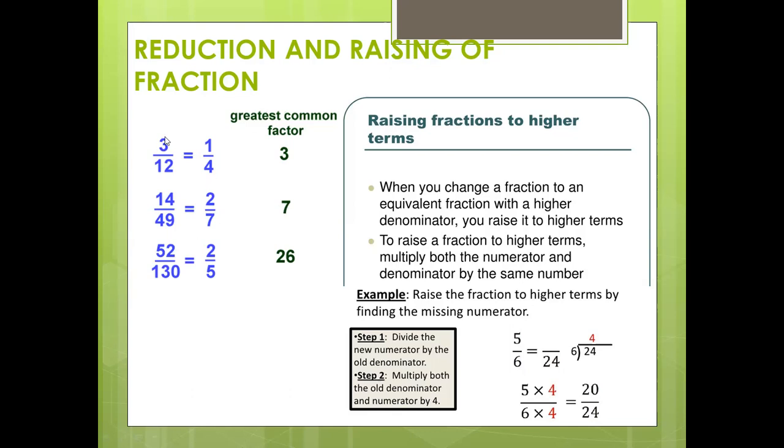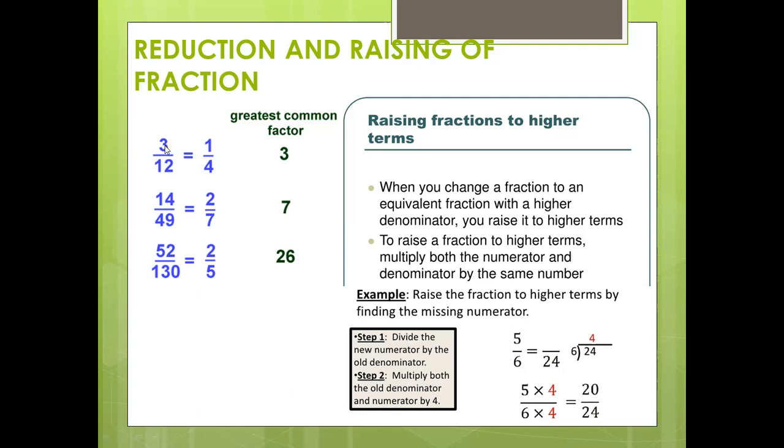For this numerator and denominator, their greatest possible common divisor is 3, because 3 is divisible by 3 and 12 is divisible by 3 as well.